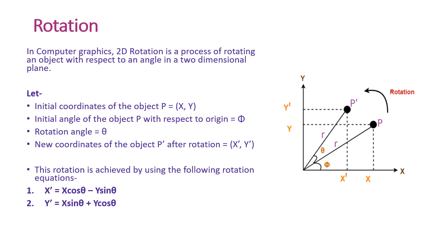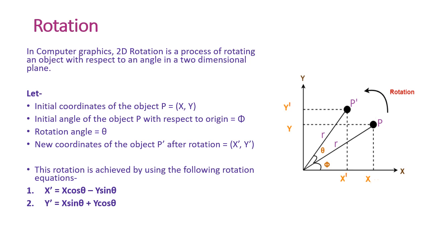Now suppose we rotate this object from this location to another location, so we get new coordinates for that point, that is P dash, and the coordinates are x dash, y dash, and the rotation angle is theta.